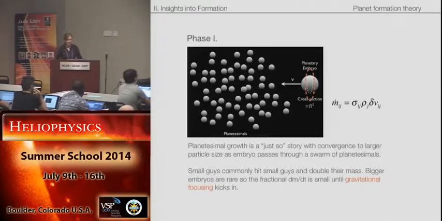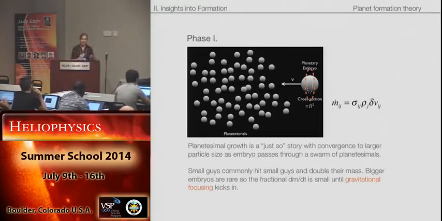The picture goes kind of like this. In phase 1, you have a planetary embryo that's going through a sea of planetesimals, and it's accreting matter. There's a kind of convergent growth here, because if you have 2 of these little guys smashed together, they double their size, and they grow pretty quickly. For the larger one, its fractional growth is actually slower.